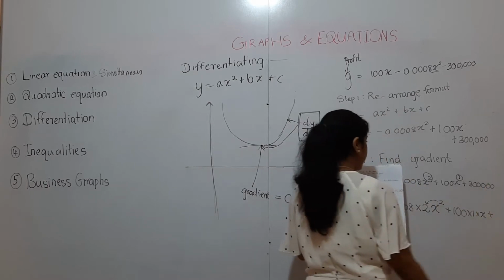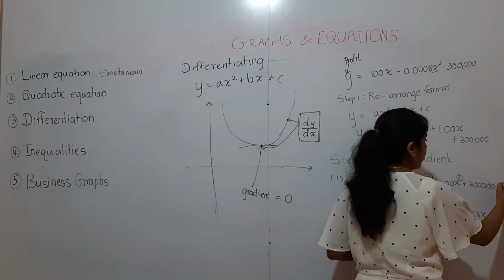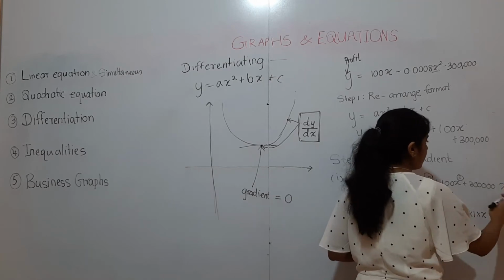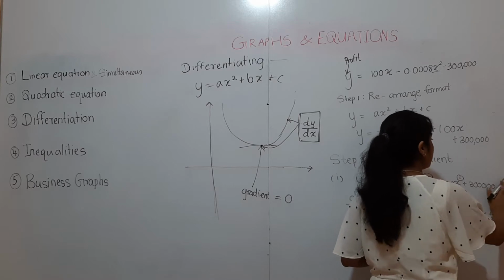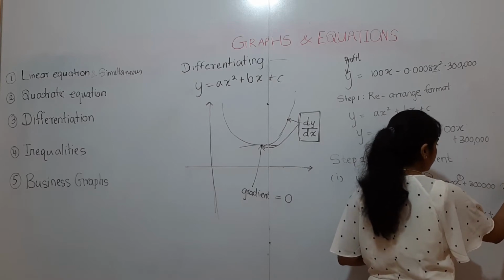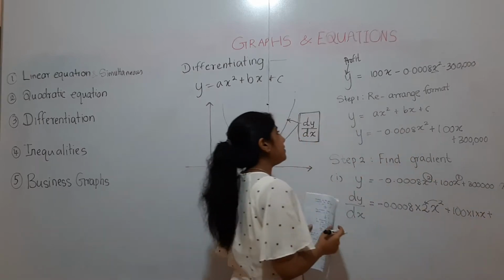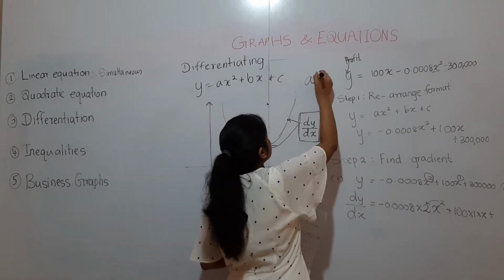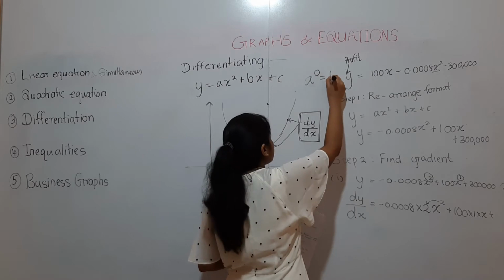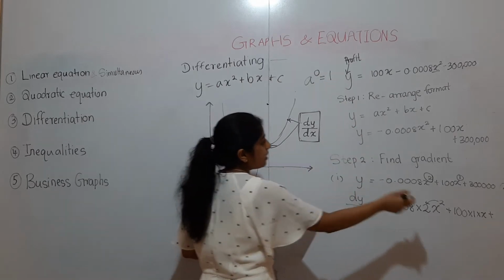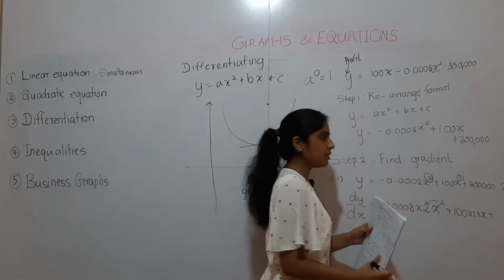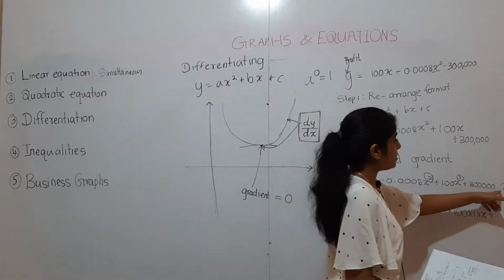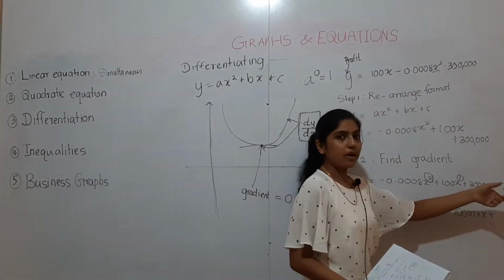Plus here it is x to the power 0, right? That's why it's equal to 1, because I told you all in previous chapters, the equation chapter, if something is to the power 0, it equals 1. And 1 into 300,000 definitely will be 300,000. That's why I substituted x to the power 0.